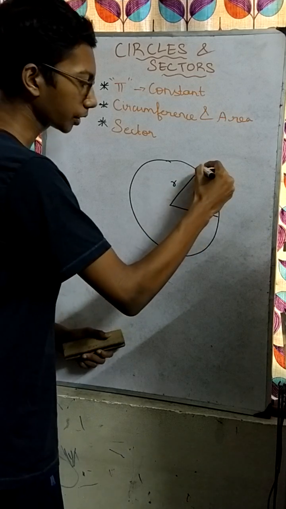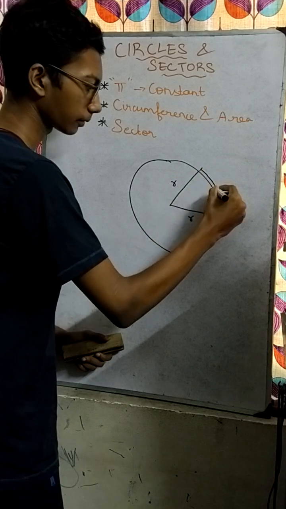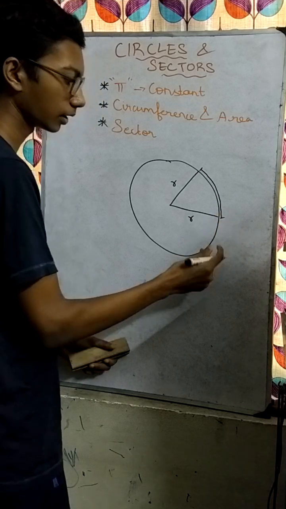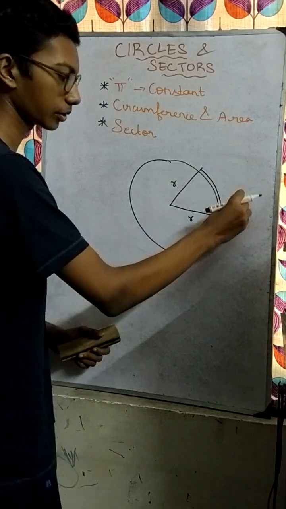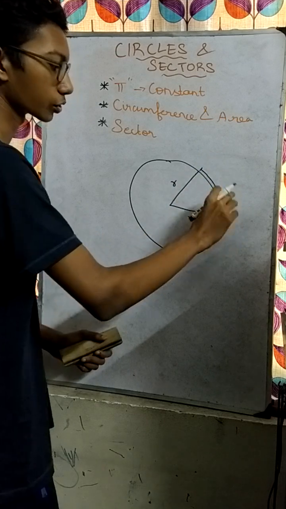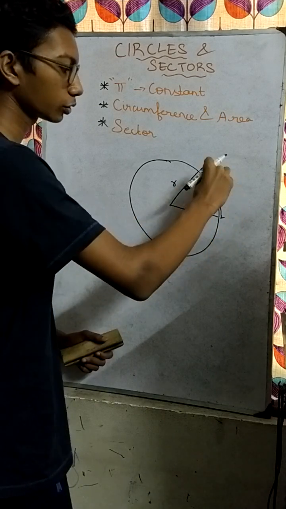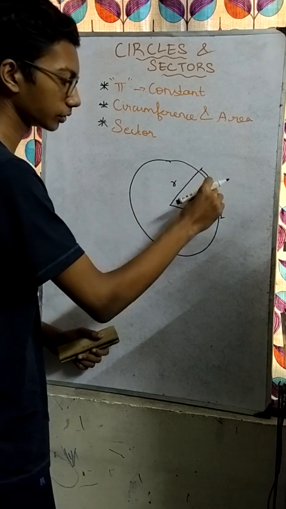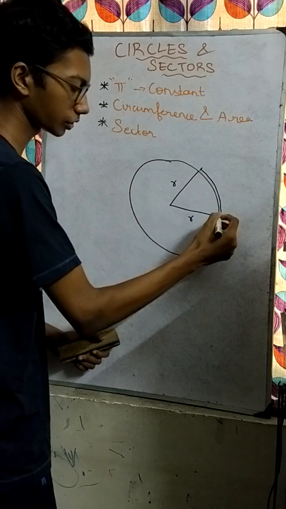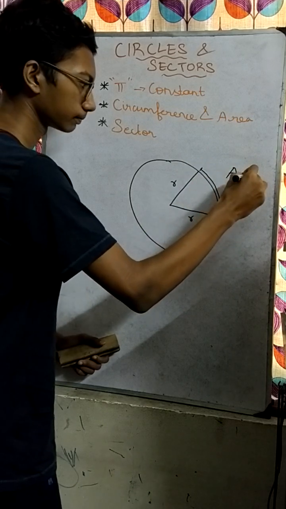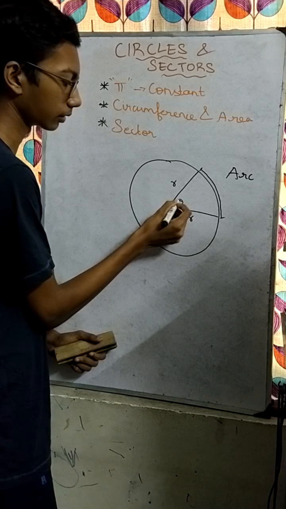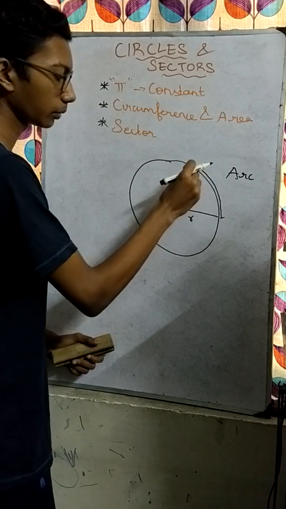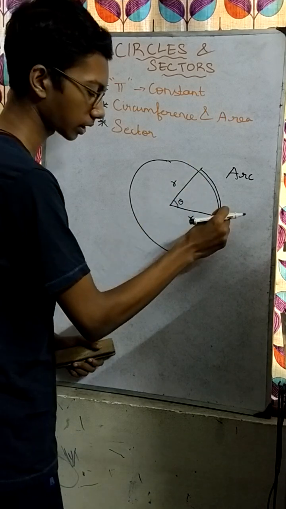So what is the length from here to here? If this is a straight line, you can just have a scale and measure this. But this is a curve. So how do we find the length of this? The name of this thing from here to here is called an arc. Here we have theta, the angle between this line and this line.